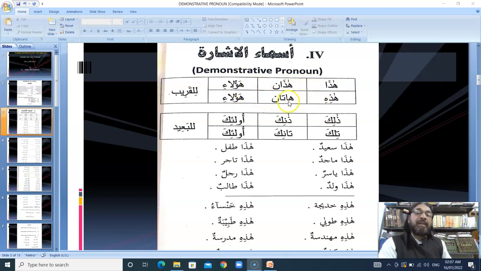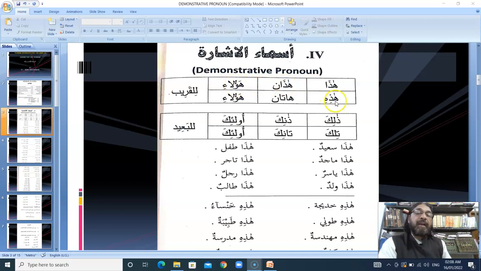Among these 6, so on the top first line, Hadha, Hadani, Haulai, these 3 will be used for masculine gender, like Hadha Waladun, this is a boy, Hadani Waladani, these are 2 boys, Haulai Auladun, these all are boys. So this one for singular, this one for dual, and this one for plural.